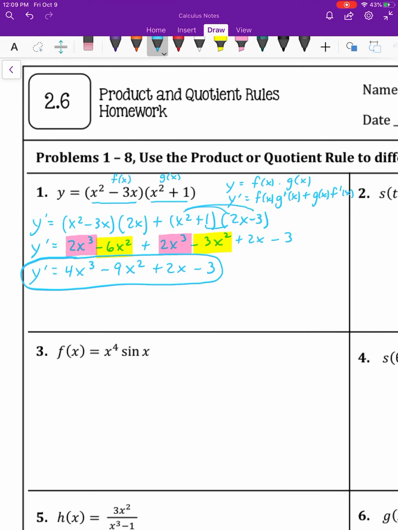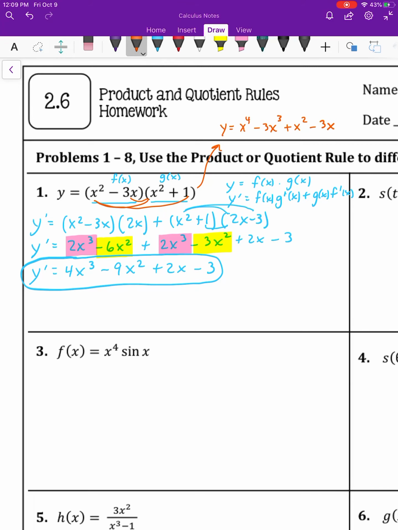Now I just want to show you that if you decided that you wanted to multiply that out first and then take the derivative, we would get x to the fourth minus 3x cubed. So that would be this times this. I did this times this. Plus x squared, that would be this times this, and then minus 3x.